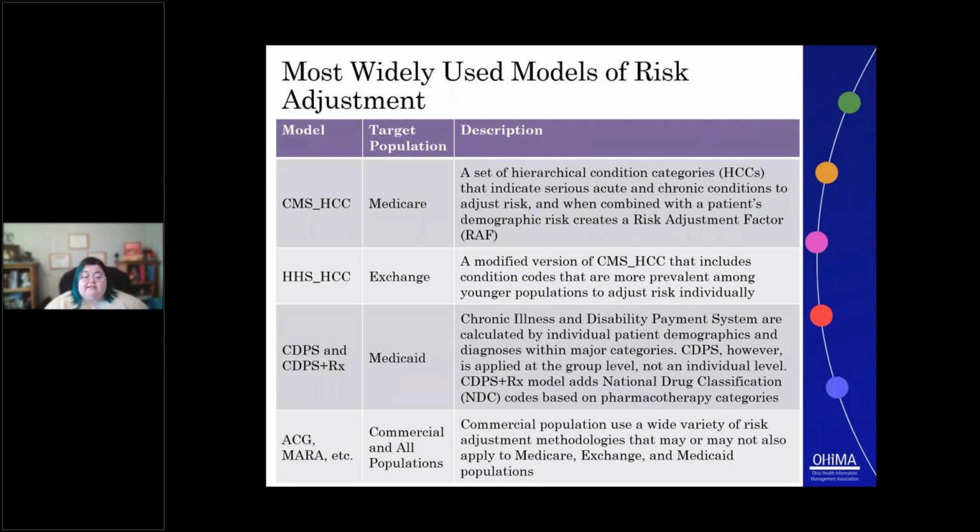And while HCC and CDPS models are very population specific, many of these other risk adjustment models used within the commercial population, such as ACG and MARA, can be population agnostic in that they can apply to all populations together and allow a healthcare organization to risk adjust an entire patient population using a similar algorithm.